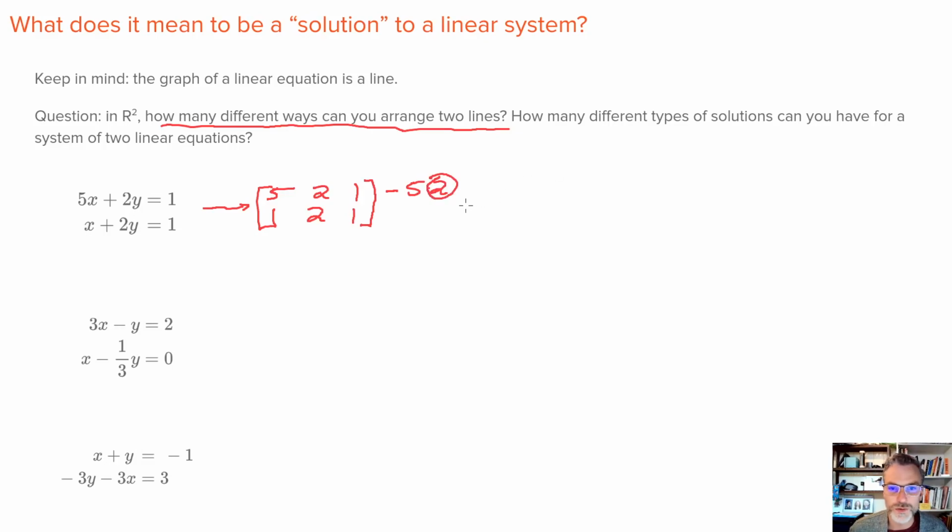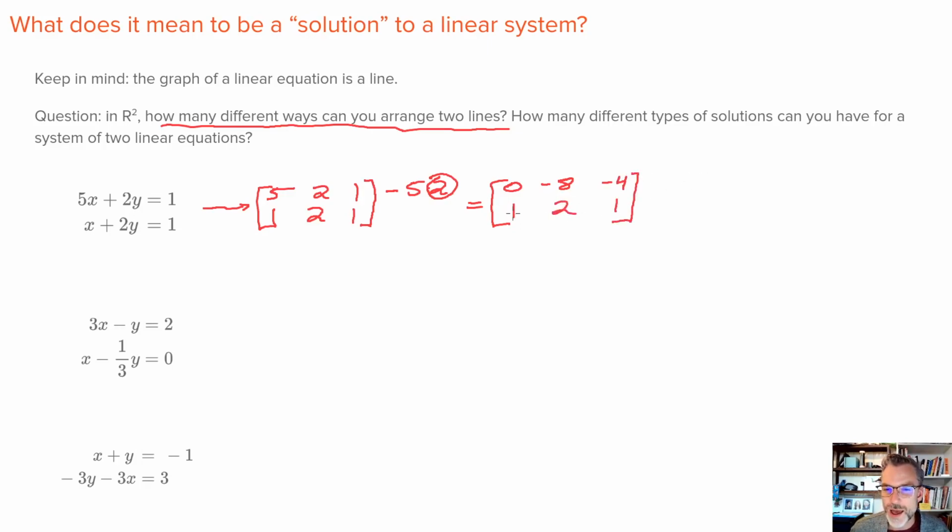You can work on them on your own, see if you would do them in the same way. So I have 5 minus 5 times 2, which gives me minus 8. And then 1 minus 5 times 1, minus 4. Okay. And 1, 2, and 1.